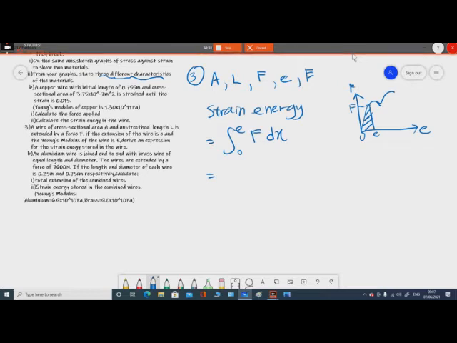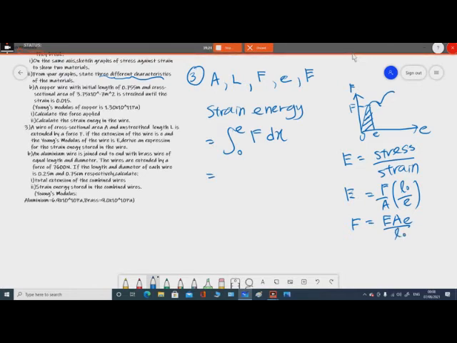So this F, we know that E is actually stress over strain, which is F over A, L naught over E. So this is E. Let's say I move it until I'm left with F, I derive in terms of F. So I express it as F. So this is EAE over L naught.